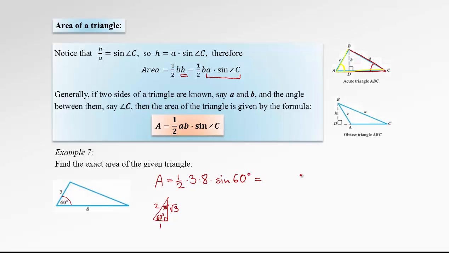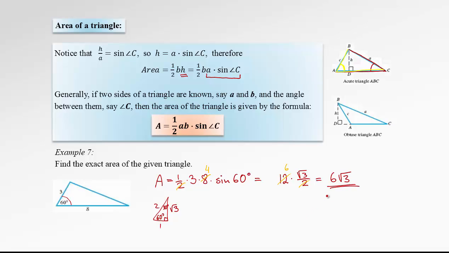Therefore, we have root 3 over 2 instead of sine of 60. And here we can reduce 2 with 8, leaving 4 in the numerator, which will be multiplied by 3 to give 12. So 12 times root 3 over 2. We can reduce the 12 with 2 again, and finally we end up with the exact value 6 root 3.